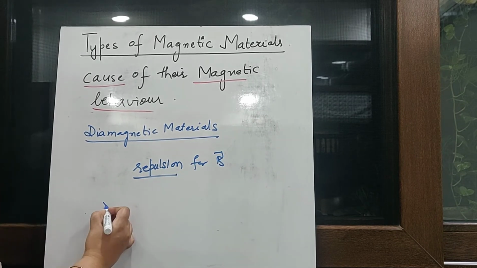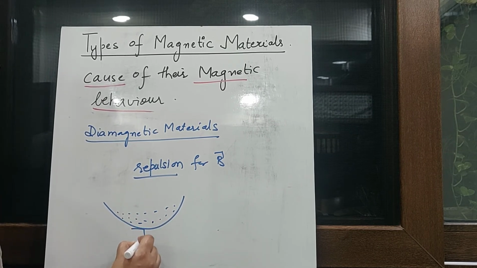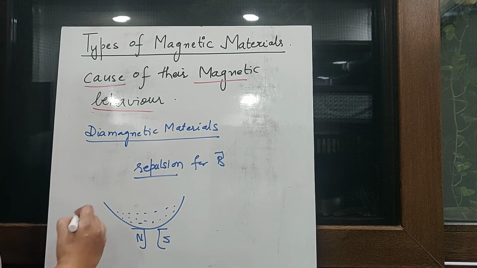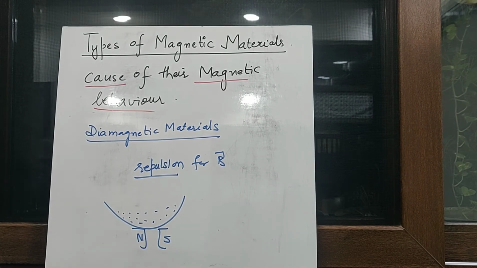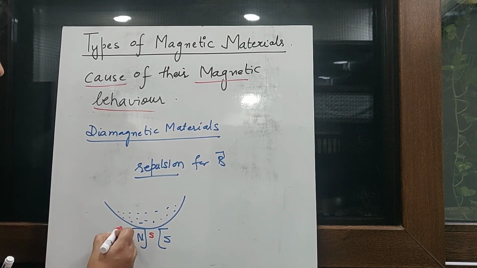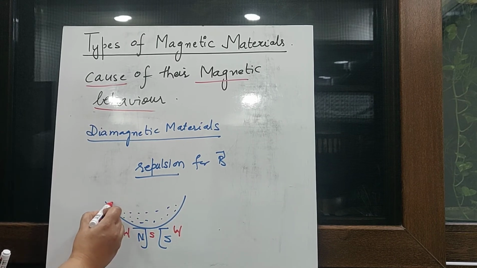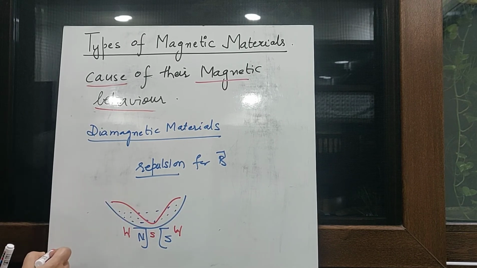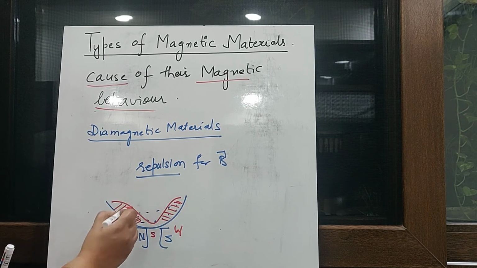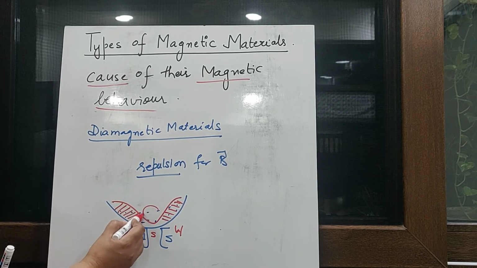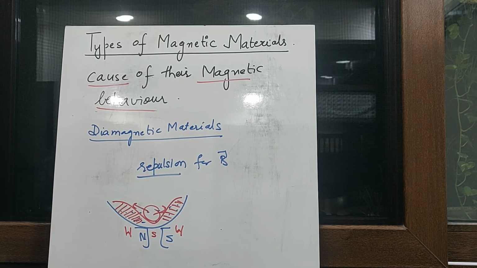That is, if you have a diamagnetic substance in a china dish in a powdered form and you apply some magnetic field, it will start moving from a region of strong magnetic field to a region of weak magnetic field. So it will move like this. More of the amount of substance you will find in these regions, which has been shown by red, and this will move from here to here. So diamagnetic materials are showing repulsion.